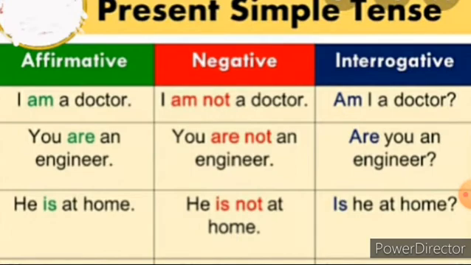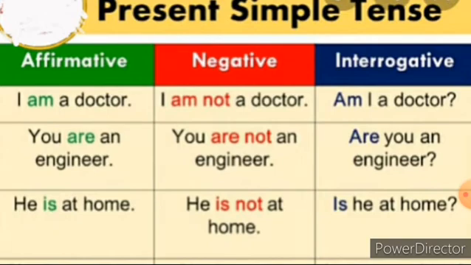For the first person singular, the be form verb we have used is am. I am a doctor. The second one, you are an engineer. And the third one, he is at home. For the third person singular, we have to use is.